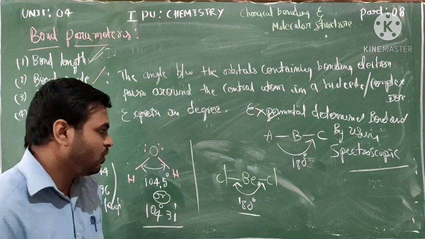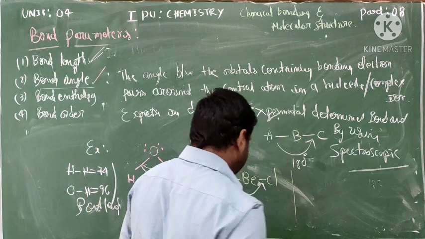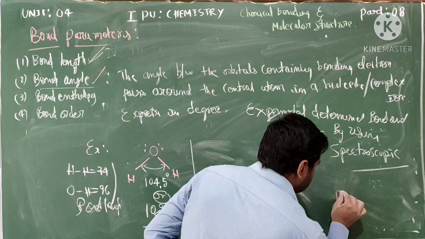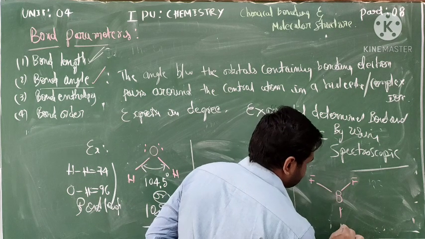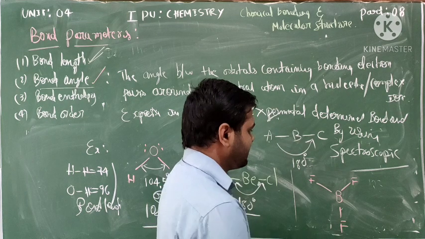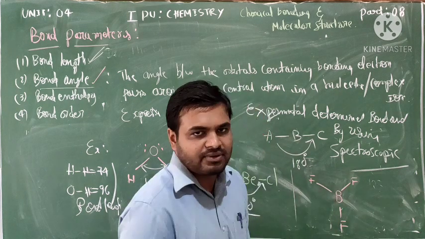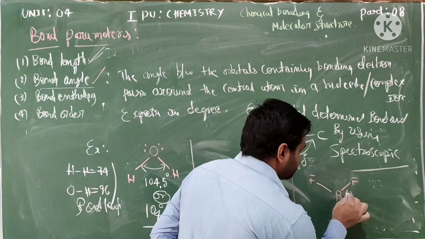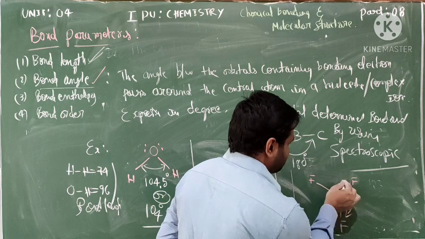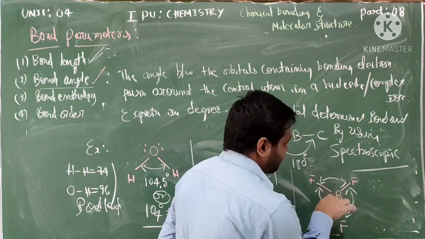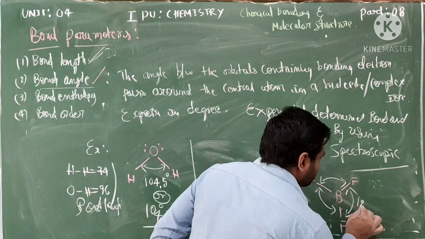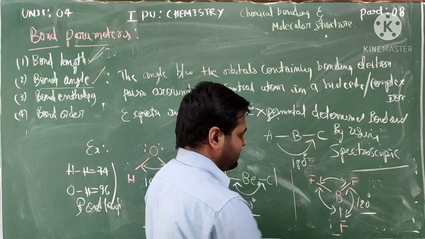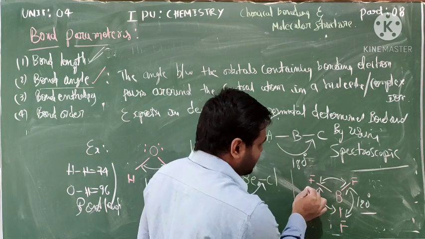Beryllium chloride. Okay, one more example is boron trifluoride. The angles are F-B-F and F-B-F, and this is 120 degrees. So how does the structure look?